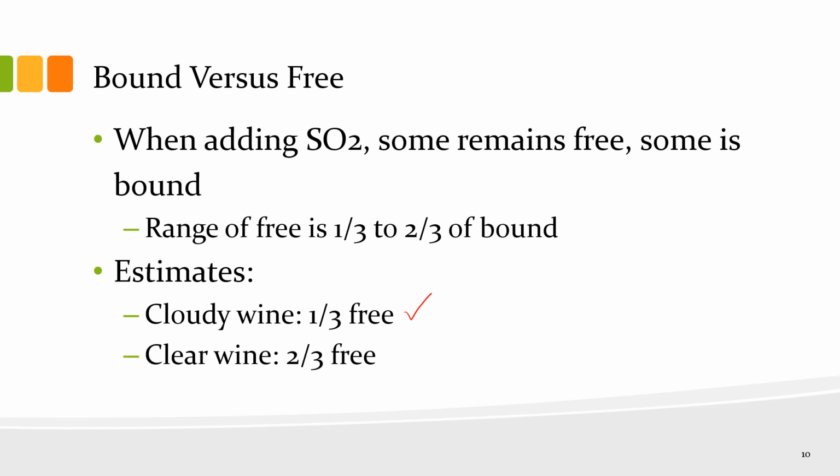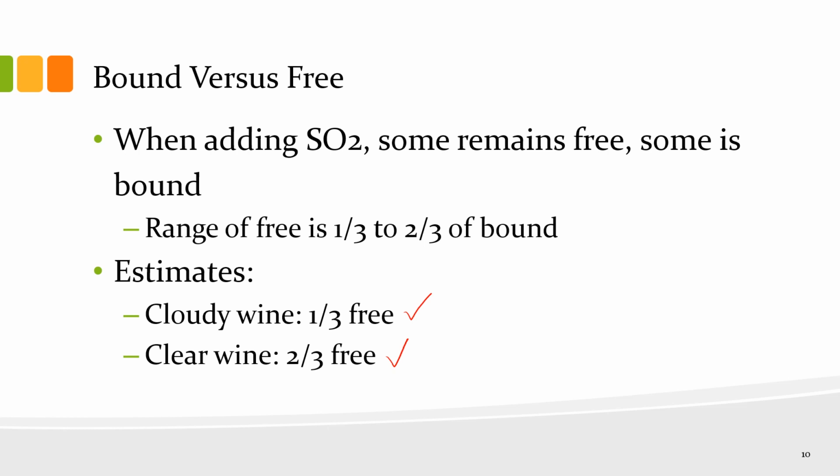If the wine is clear, 2/3 of what we add will be free, and only 1/3 bound. Now these are estimates. Every winemaker has their own estimates they use. These are guesses. These help guide us in how much SO2 we should add. We don't know exactly how much will be bound and will be free until we actually test the wine the day after the addition. But this gives us an educated guess.